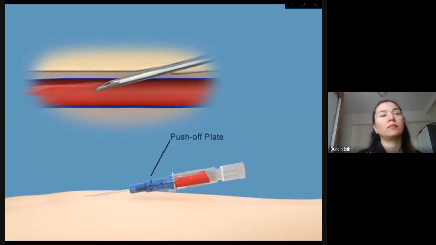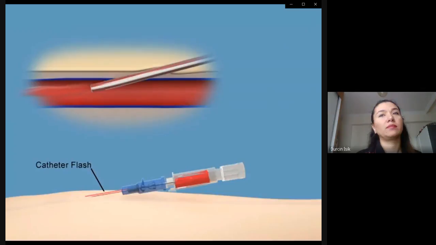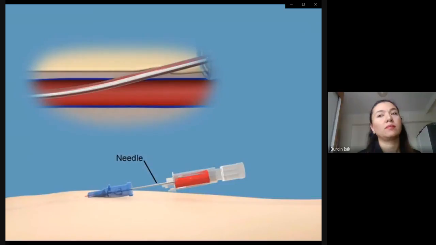Using the push-off plate on the catheter hub, the catheter is advanced forward off the needle into the vein. A second flashback, catheter flash, occurs between the catheter and the needle, confirming that the catheter is successfully in the vein. Once the catheter is advanced completely, the needle is withdrawn in a swift, continuous motion.